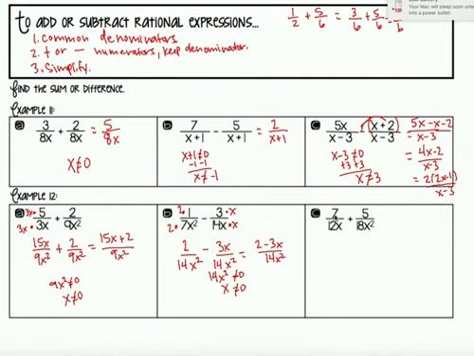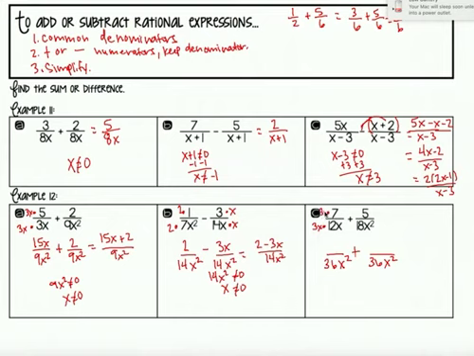For C, 7 over 12x plus 5 over 18x squared. 12 and 18 have 36 in common. And if this one has x squared, but this one only has x, I could turn that x into an x squared. So their common denominator would be 36x squared. So to take 12x and make it 36x squared, I would have to multiply by 3x.